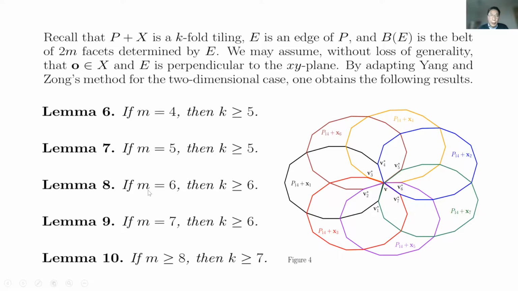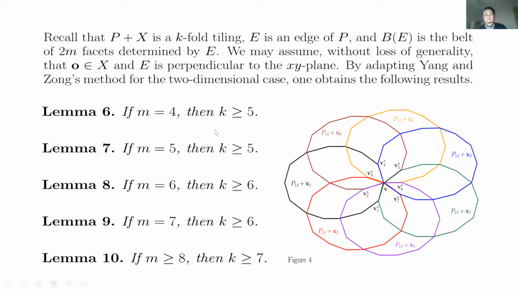If M equals 5, the multiplicity must also be larger than or equal to 5. When M is 6, the multiplicity is at least 6. When M equals 7, the multiplicity is also at least 6. Whenever M is larger than 8, the multiplicity is at least 7. This means when the number of facets in the tile is very big, we do not need to worry about it.